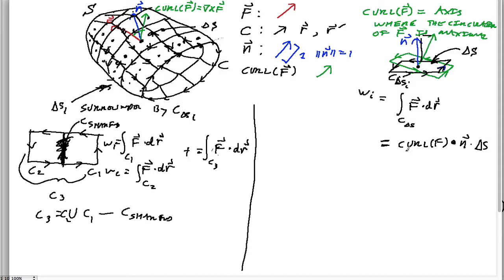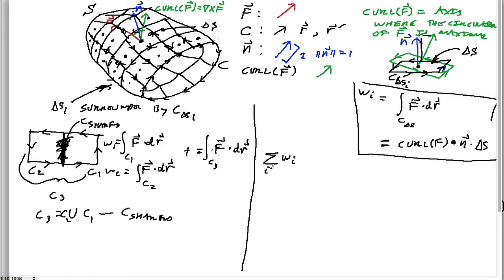If this was the work from one tiny patch, we can write down the sum of all the work integrals, Wi, i equals 1 to n, and that n will cover the entire surface.